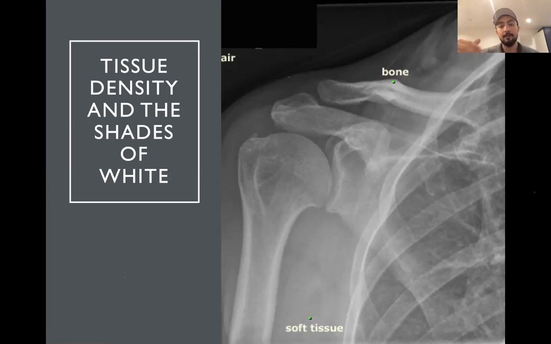The higher the density, the more absorption, the brighter it will appear. That's why the bone appears brighter, and then the soft tissue like the muscles appears less bright, and then the air, which is completely low density, appears dark or black. So now you'll see why that is important.